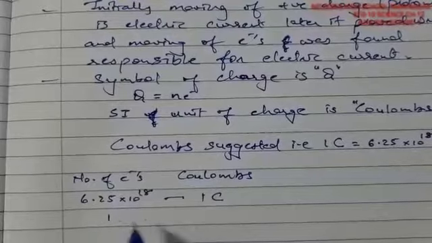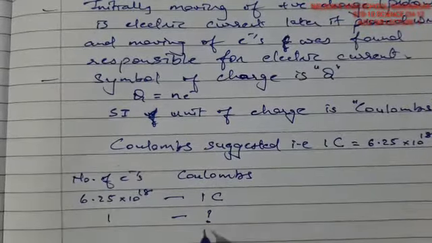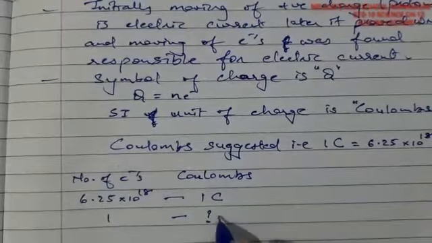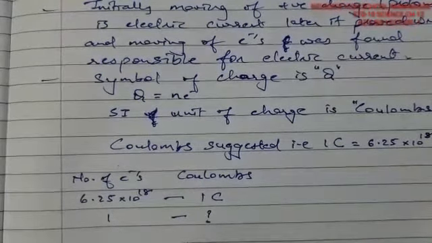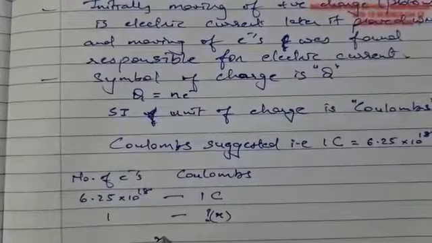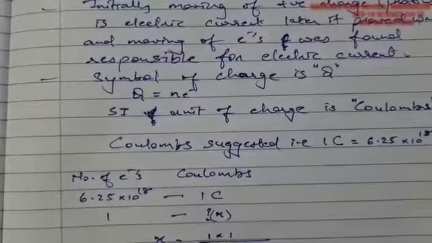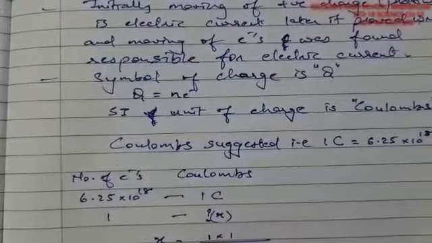So 1 electron forms how much coulomb? Meaning, what is the value of 1 electron in terms of coulombs? If I take this value as x, what is the charge?